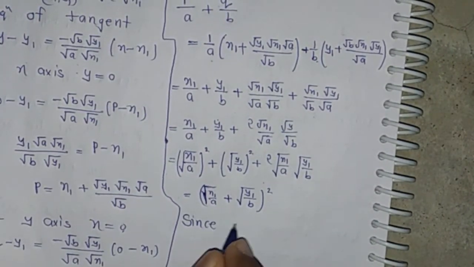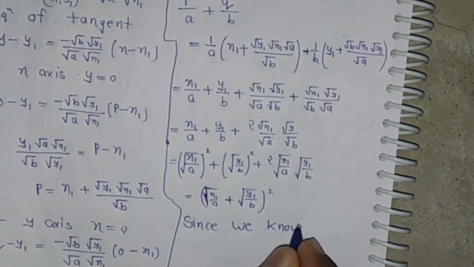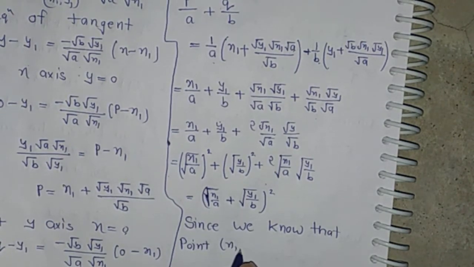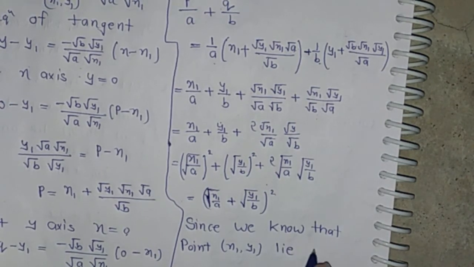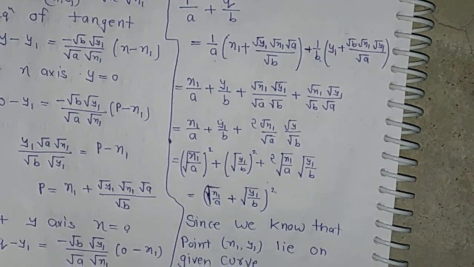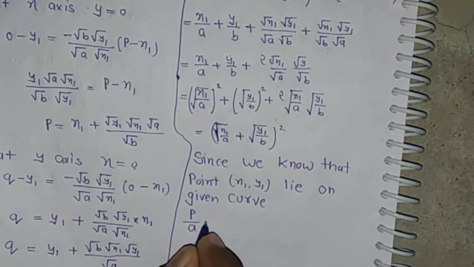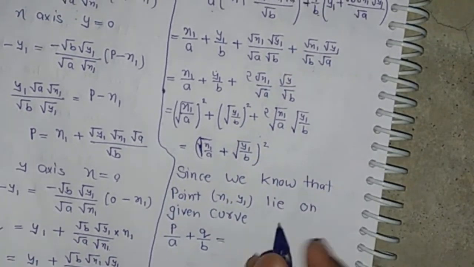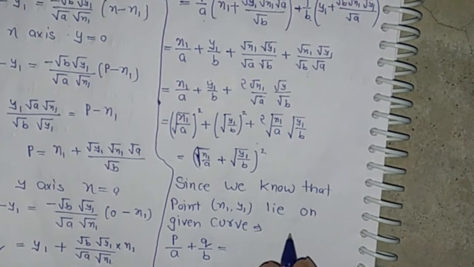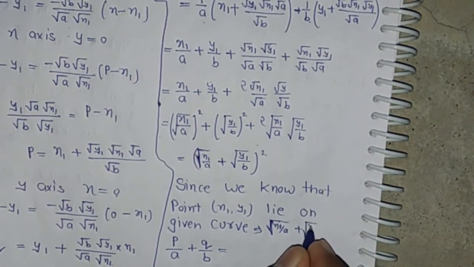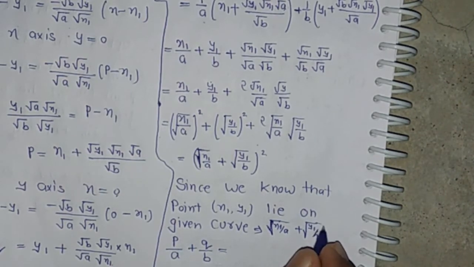Since we know that the point x1 comma y1 lies on the given curve, root x1 by a plus root y1 by b equals 1.